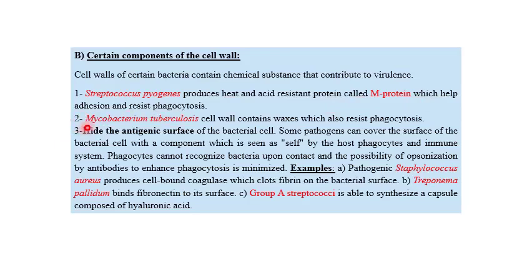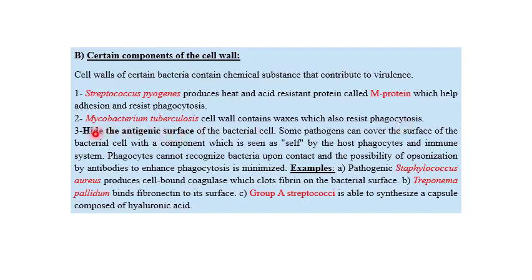Number 2, the second example, Mycobacterium tuberculosis. Its cell wall contains waxes. These waxes اللي هي mycolic acid also resist phagocytosis. ودي برضو هندرسها بالتفصيل لما نيجي للمايكوبكتيريوم tuberculosis.